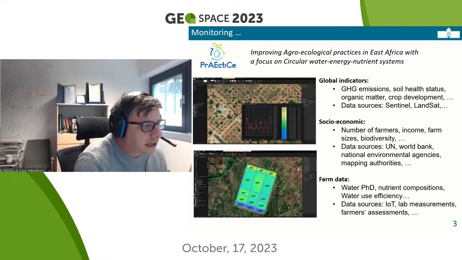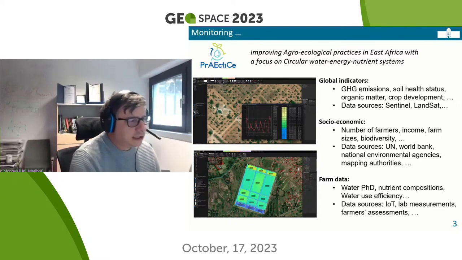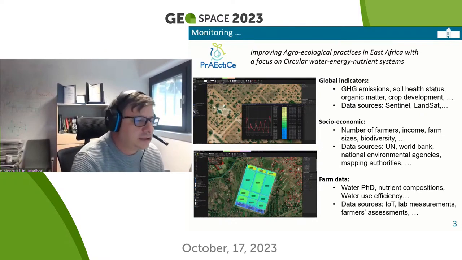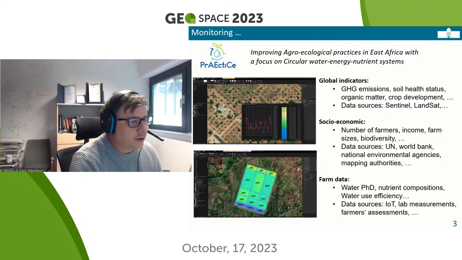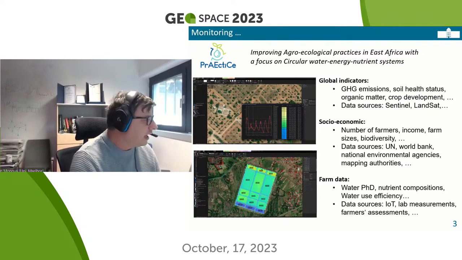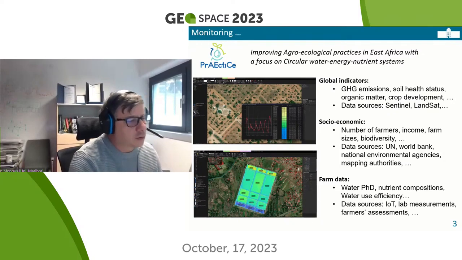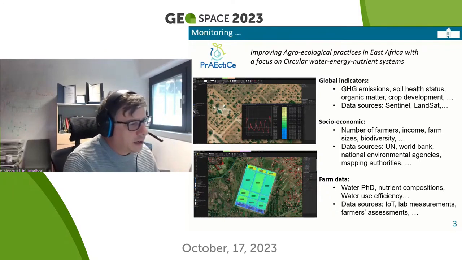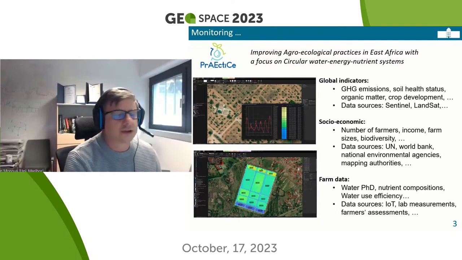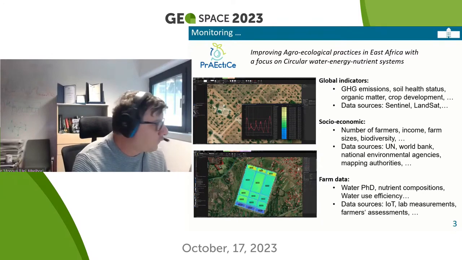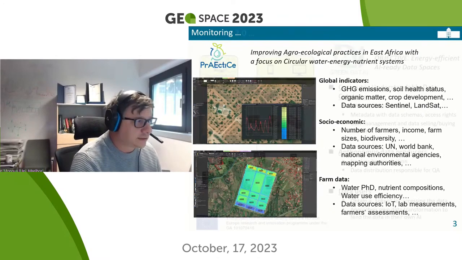Based on that, we can also integrate some farm-specific data, like water pH or nutrient composition. And based on this whole set of agroecological indicators, we are then designing the agroecological transition of farmers.